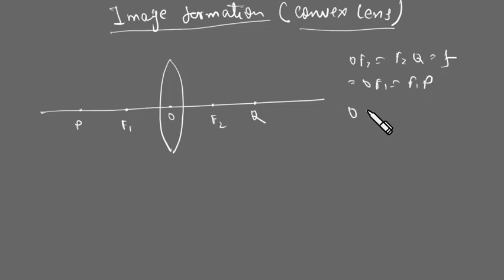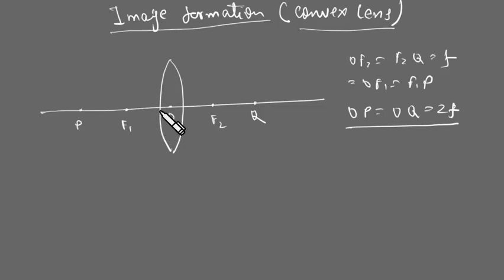That means OP equals OQ equals 2F. So these are the 4 points we need to draw the image of an object by a convex lens, or a concave lens also, we can say.